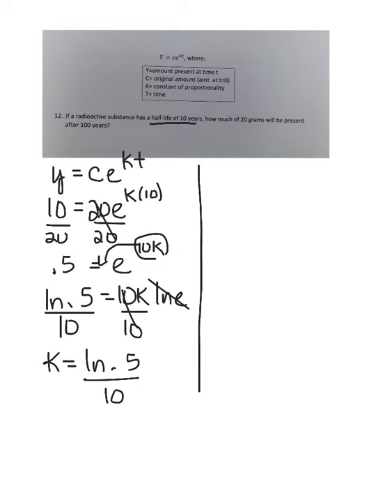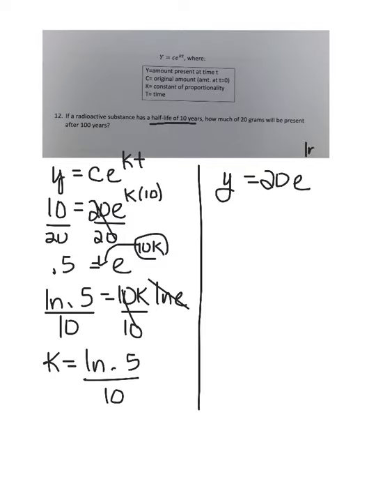All right, so let's go back and answer the question. It says how much, that's an amount, so that's what they're looking for. How much of a 20-gram substance will be present? We know what the k is now.